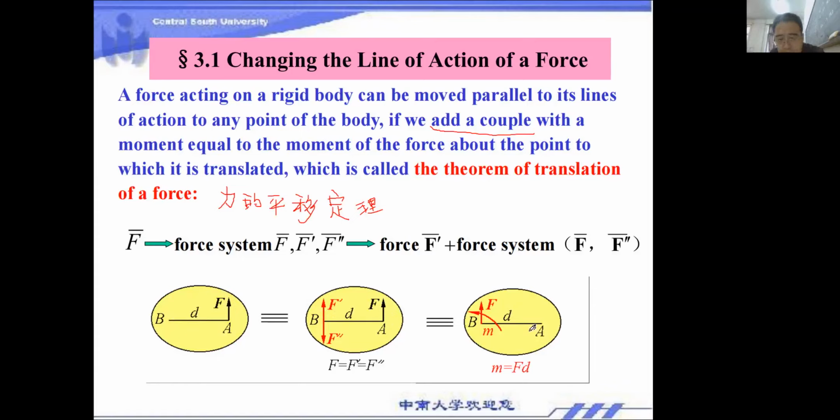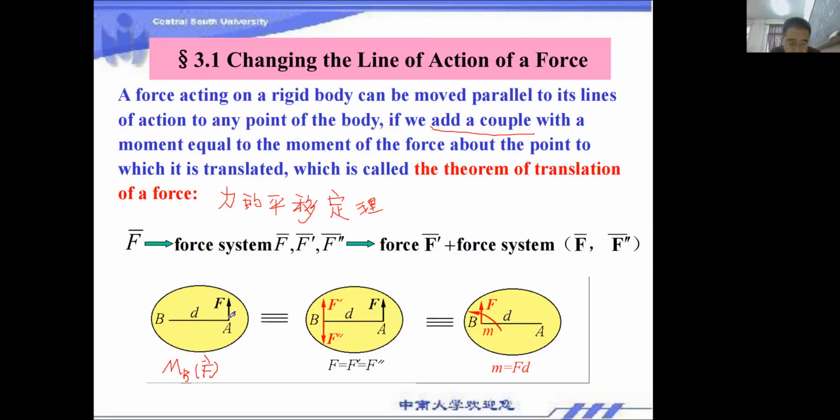So its final result will be, you see, at point B, we have the same magnitude and same direction as the original force F, but we also have to add a couple. This couple actually is the moment of the original force F about point B, M_B(F).